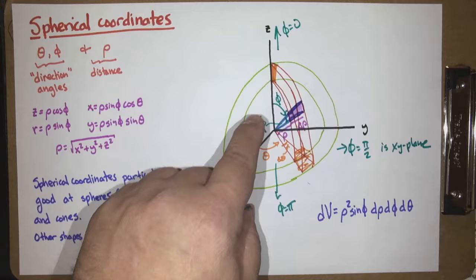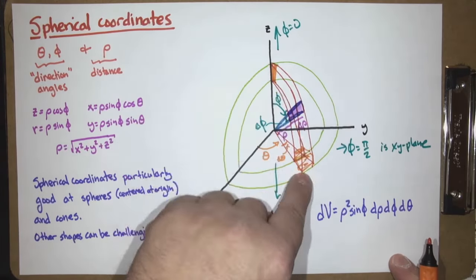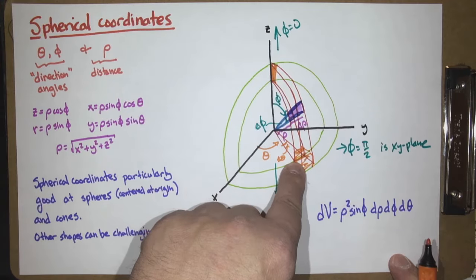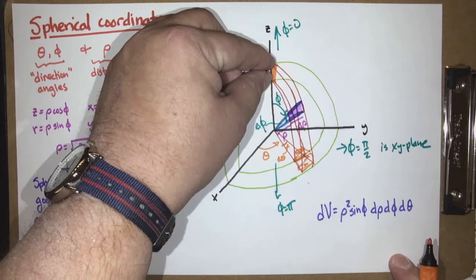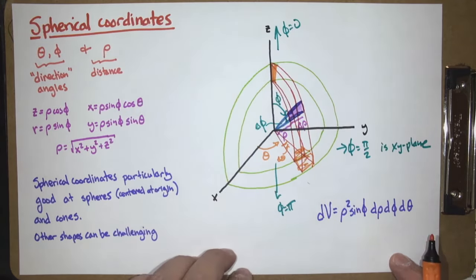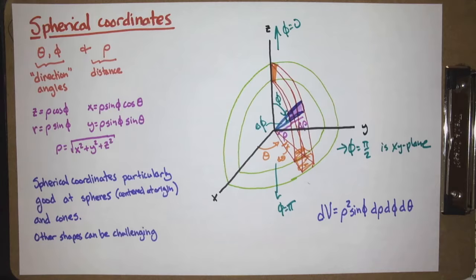And you can see that I might change my size pretty dramatically, say from phi equals 0 to phi equals pi halves, because I go from a little tiny thing to a fairly substantial thing. So sine of phi makes sense to be there. It also makes sense there's no theta term, because if you change theta, the whole picture spins. But it still is, why is it exactly that? We'll talk about that later in the week.